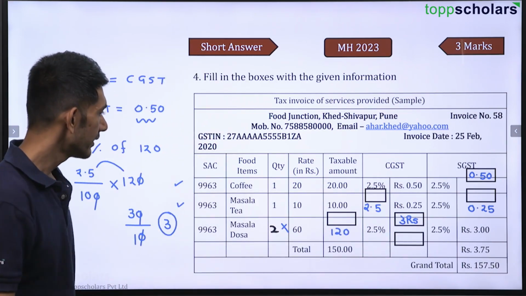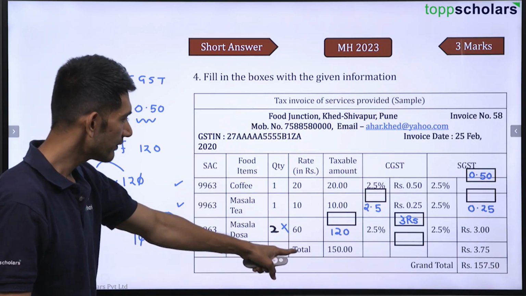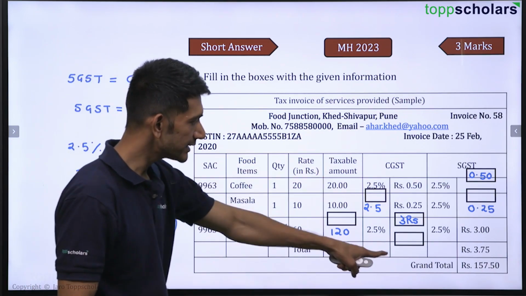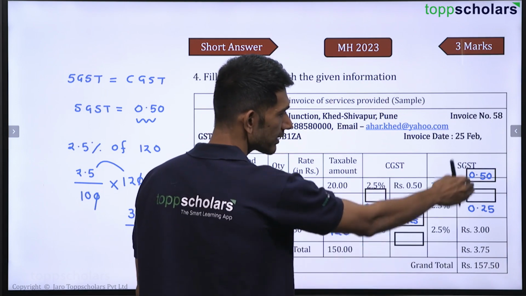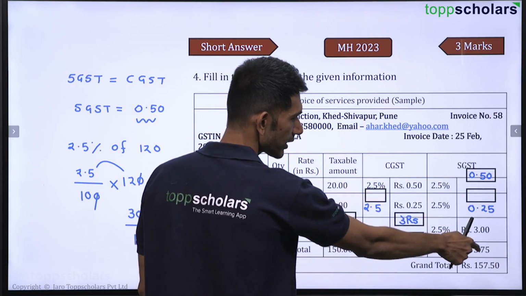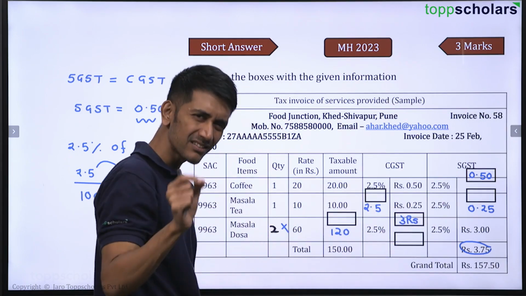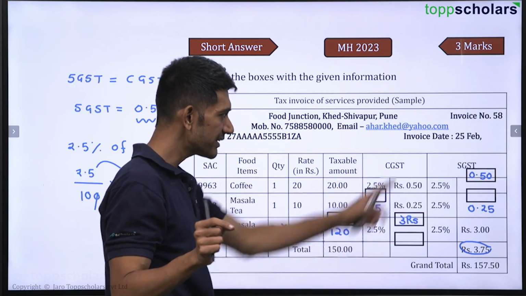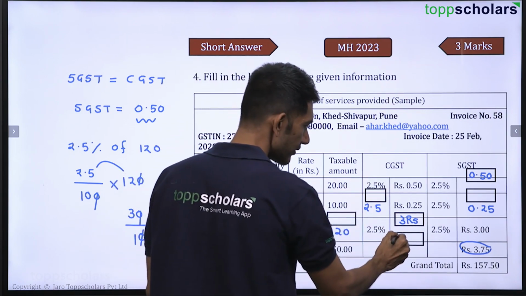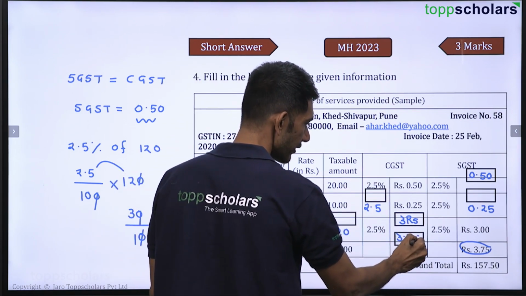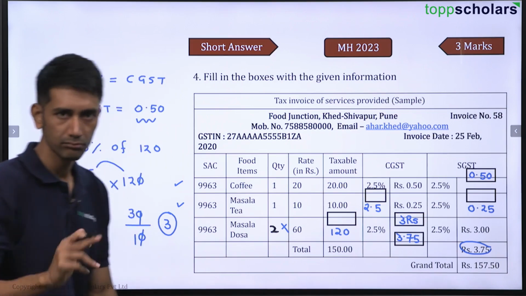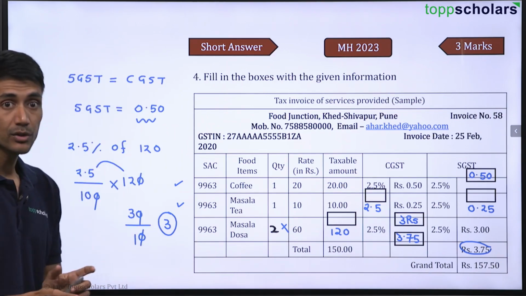Now finally, if you see, the total is given 150 and the CGST box is empty here. So obviously this is the total, which is 3.75 rupees. So if 3.75 rupees, that is 3 rupees 75 paise, is the SGST, then can I say 3 rupees 75 paise is also your CGST, equally split. They can also ask you the total GST.